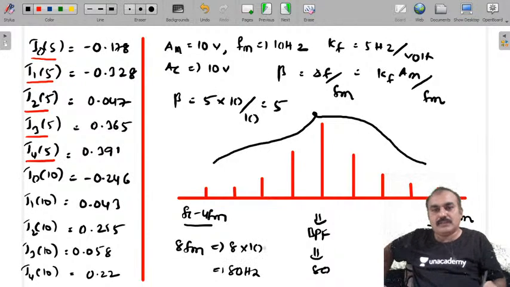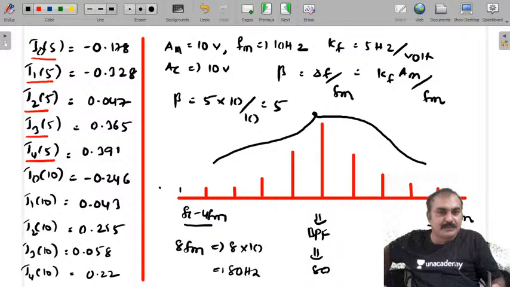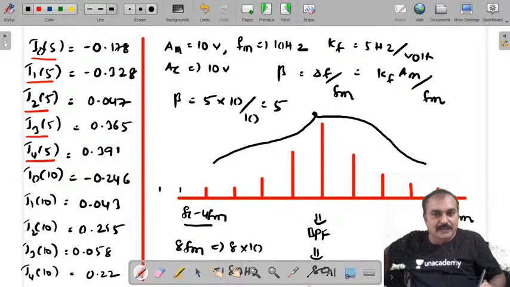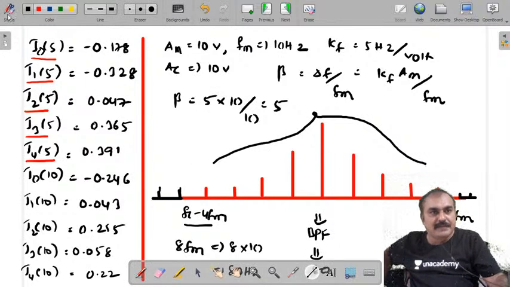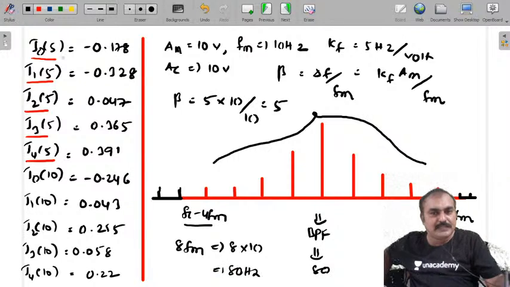So these are the complete spectral components. You also have other spectral components, my dear students, like this, some other components also there. But he is asking only for what passes through the band pass filter, where only the bandwidth of 80 hertz is allowed.